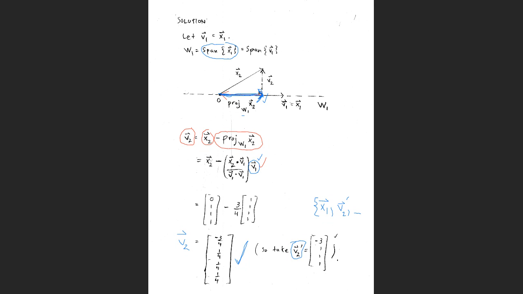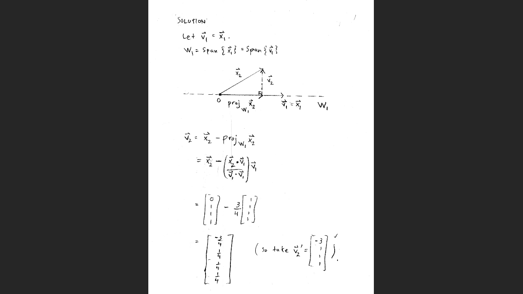I need another vector in here to get a three-dimensional subspace. So I'll show you how we get that. May I move to the next page? All right, here we go.